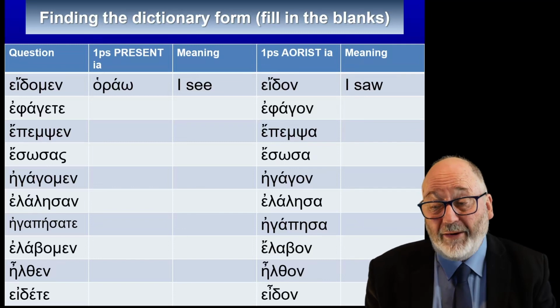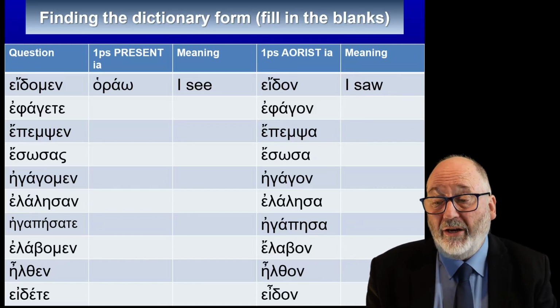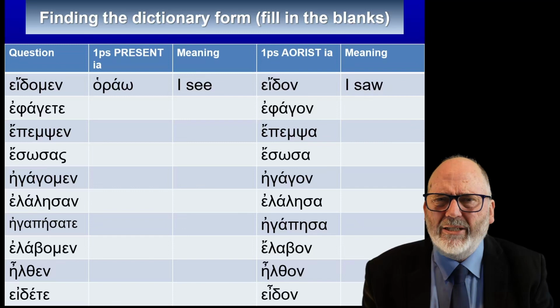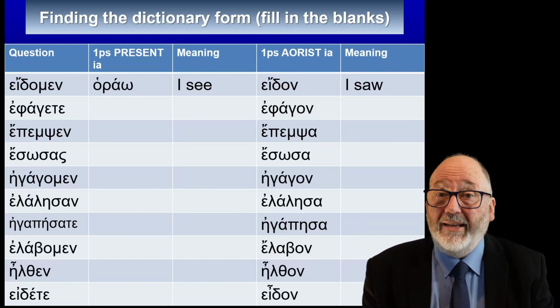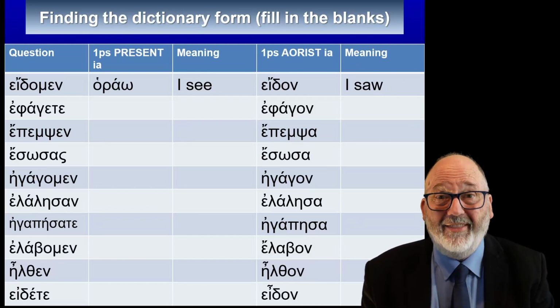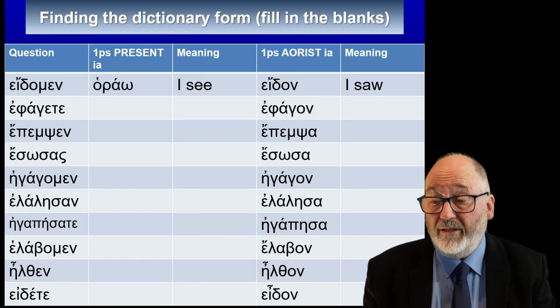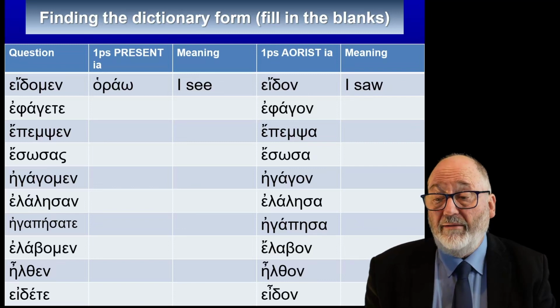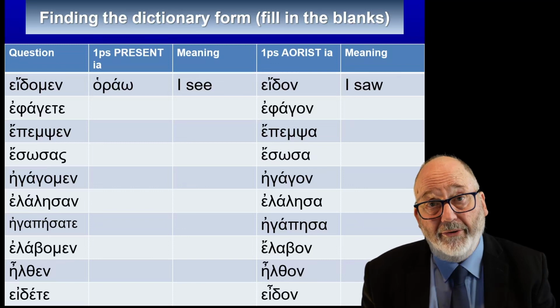Now that we have that worked out, we can go through and perhaps identify the strong aorists. Now remember, the way we know a verb has a strong aorist is because we have memorized it. They are irregular. The only way to know them is we memorize them. And in fact, you'll see with idomen, for example, the present indicative active is in fact the verb horao.